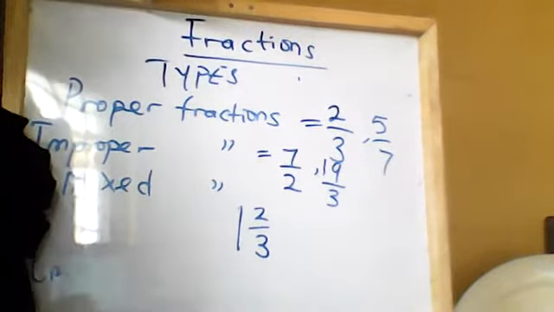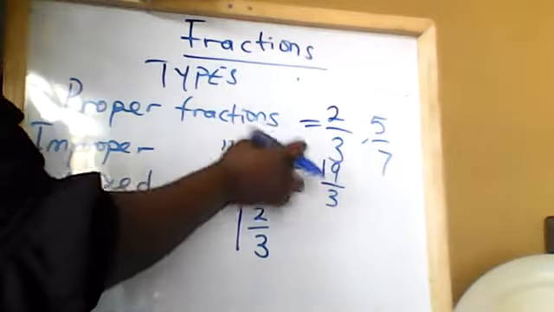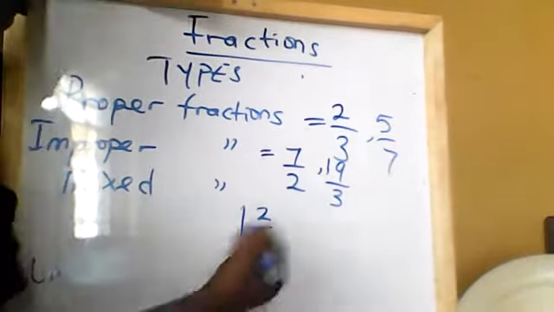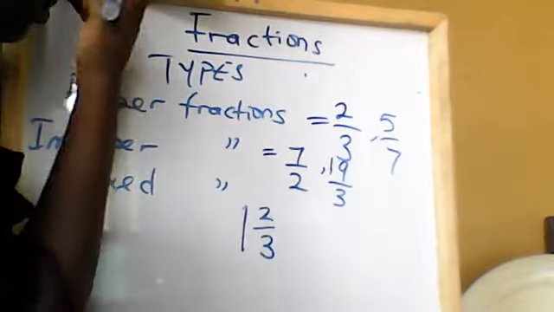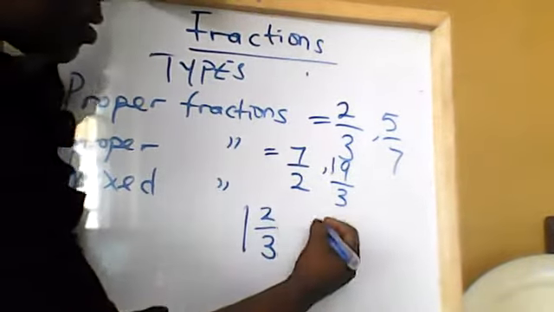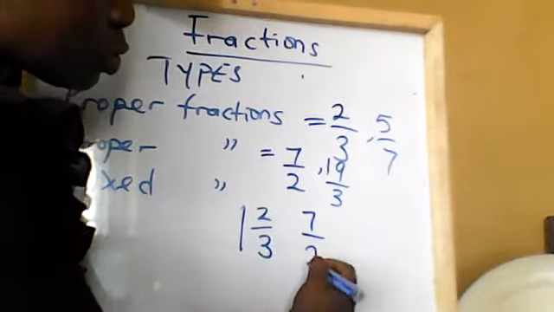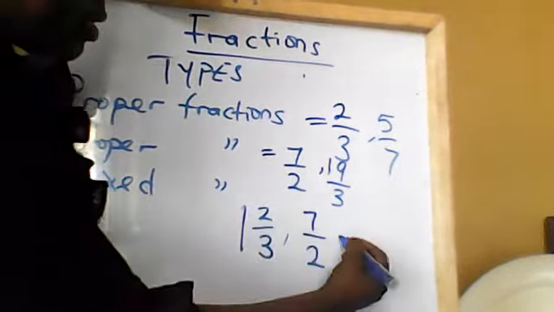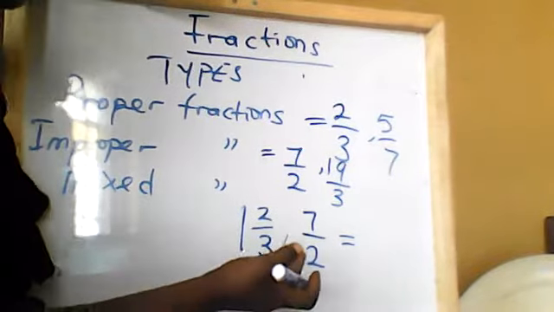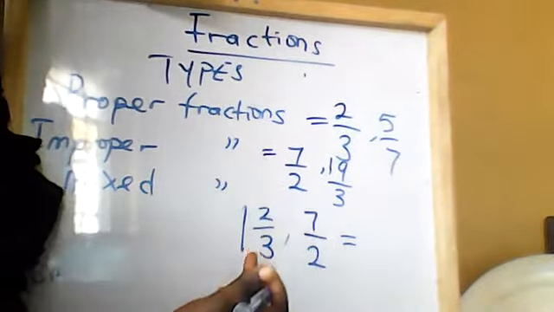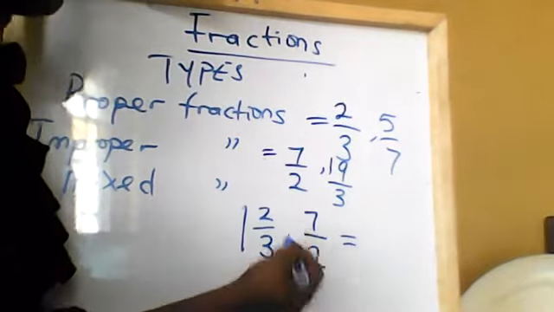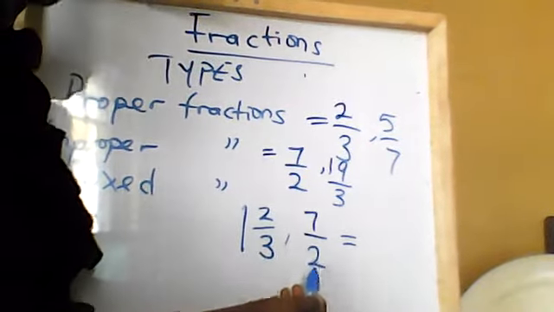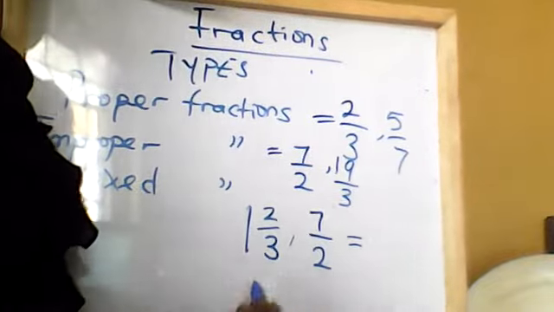I said earlier that if we normalize improper fractions, we will get mixed fractions. Look at one of our examples here, 7 over 2. If I would normalize this, of course, 7 is not supposed to be on top of 2. So I would divide 7 by 2. How many times will 2 go in 7?